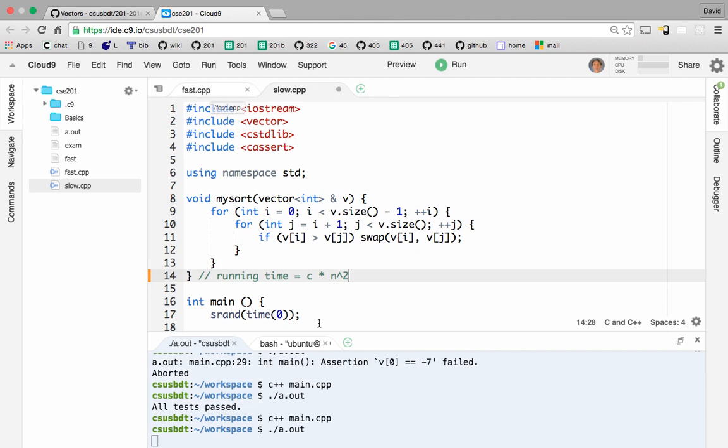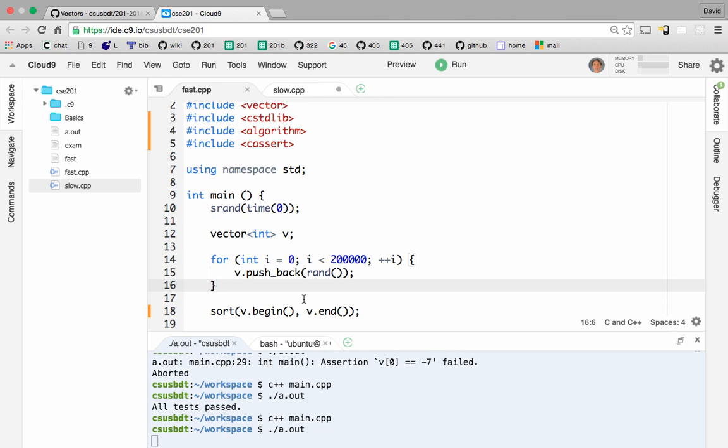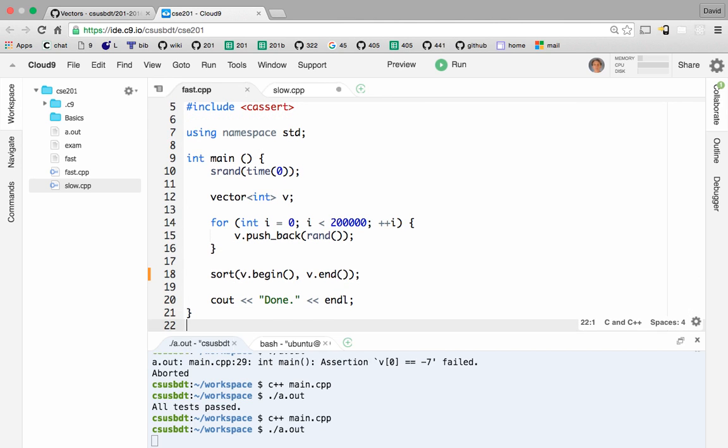Now over here, in fast, the running time is not C times n squared, it's C times n times the log of n. Now the log of n grows very slowly.